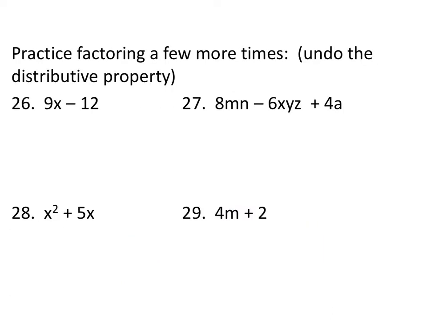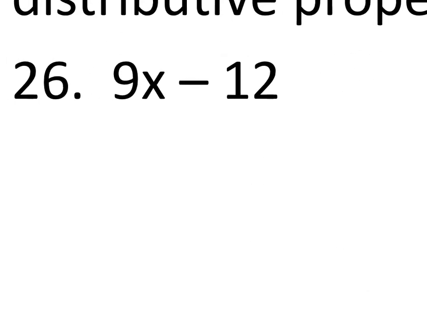All right, let's do a couple of these, okay? Let's do 26 and 27, then we'll do 28 and 29 later. So let's start with 9x minus 12 right here. Now, in order to factor this out, we need to see any common factors. It's not quite like that last one where it's 3x plus 3y, which would seem maybe pretty obvious. So we may need to factor out the 9 and also the 12, or negative 12.